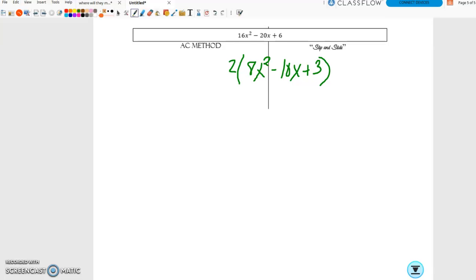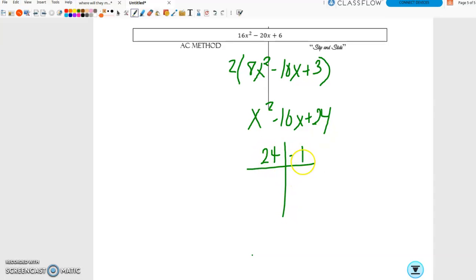Now when we're trying to look at our product sum chart, we need to make sure we multiply the 8 and the 3. So we have x squared minus 10x plus 24. We need two numbers that multiply to 24 but add to negative 10. Because the number on the end is positive and the one in the middle is negative, we know they're going to have the same sign.